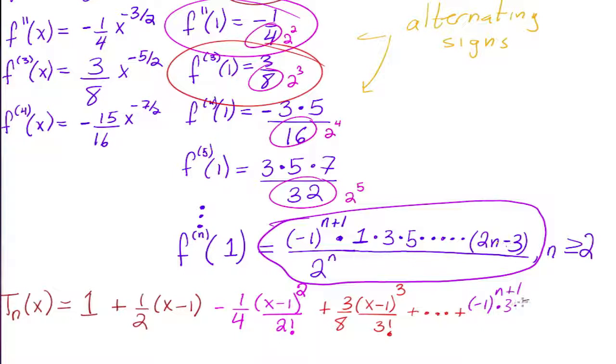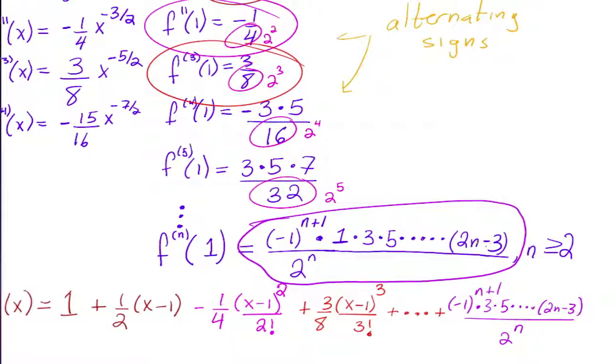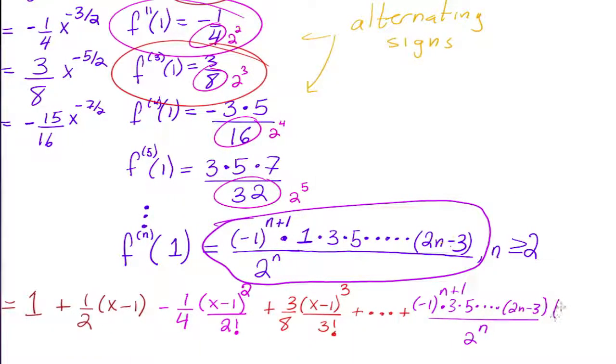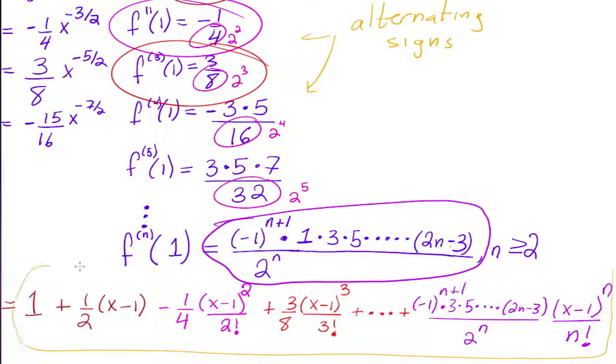So 3 times 5 times ... 2n minus 3 over 2 to the n times x minus 1 to the n over n factorial. And so that's the general Taylor polynomial for square root of x centered at 1.